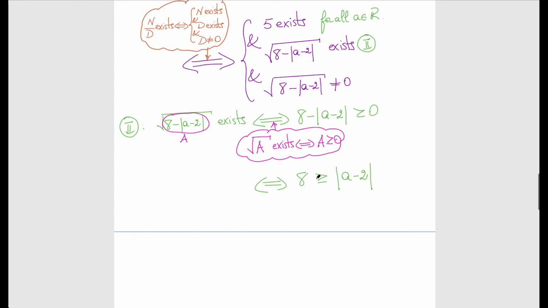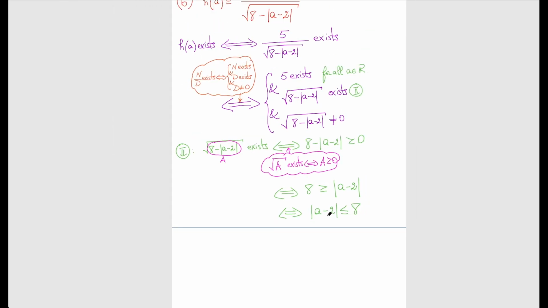Well, if something is greater than or equal to something else, then this something else is smaller than or equal to this thing, right? So this is equivalent to the absolute value of a minus 2 less than or equal to 8. One more time, these two are the same because, just read it. If 8 is at least the absolute value of a minus 2, this means that the absolute value of a minus 2 is at most 8. Okay, so they are the same.